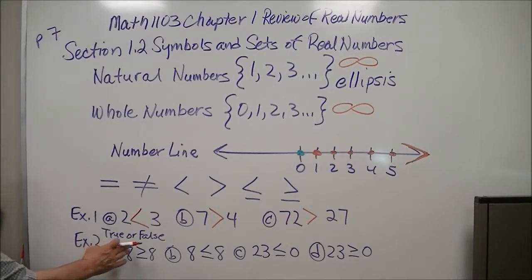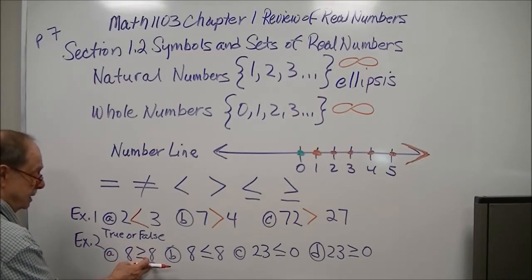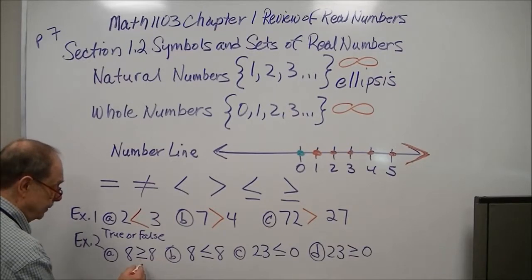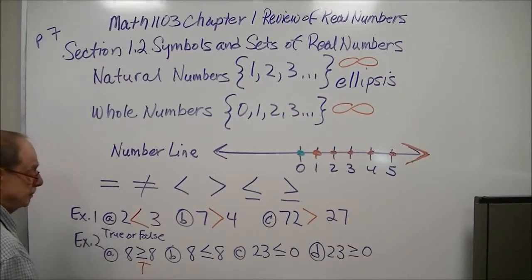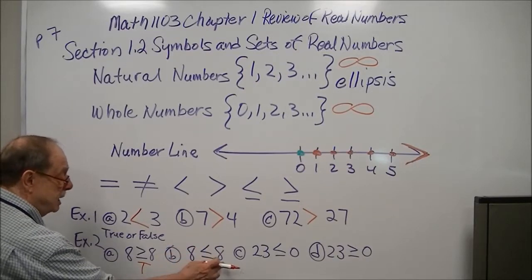Now in example 2, they're asking, is something true or is it false? So we're saying 8 is greater than or equal to 8. As long as one part of it is true, then this is true. Now 8 is less than or equal to 8.